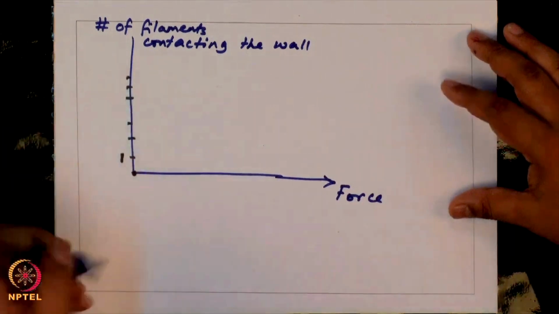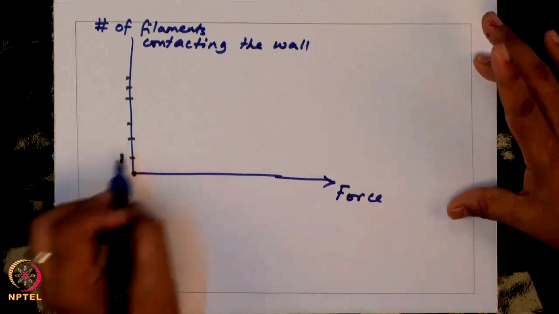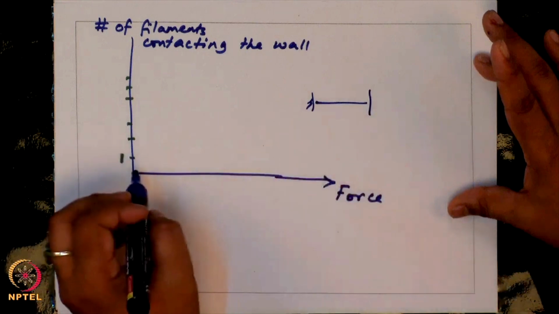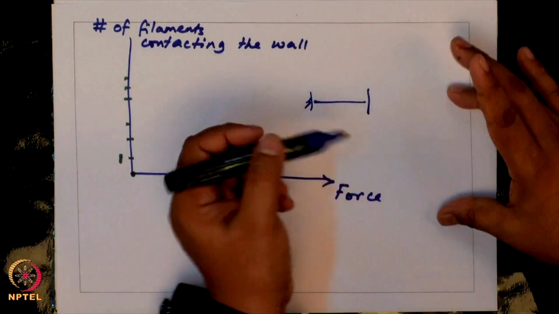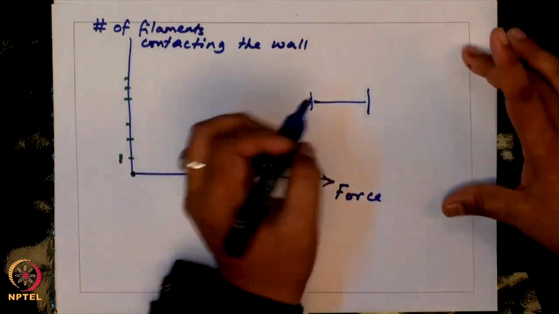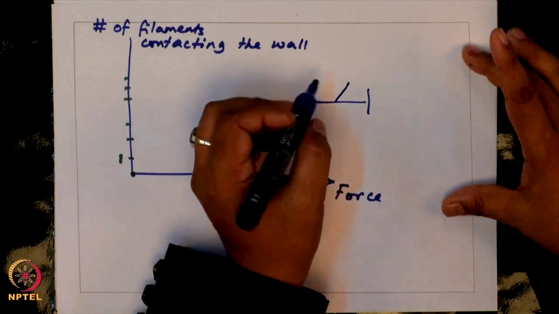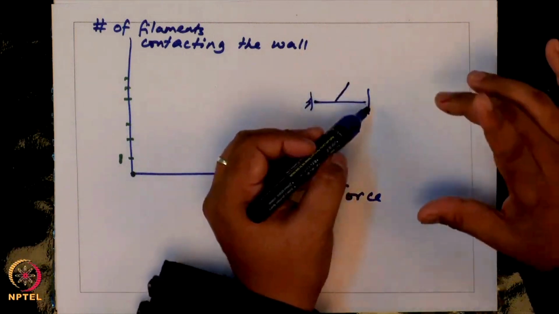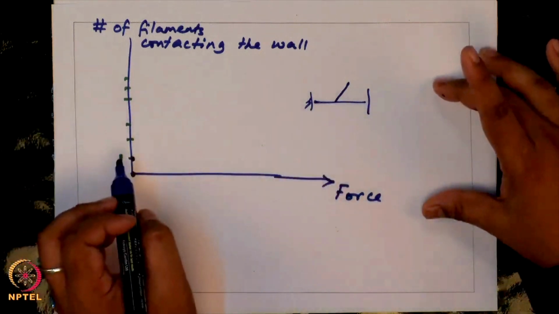If my force was 0, I am starting from one filament, and because there is a single filament which can grow against 0 force, the filament will keep on pushing the wall more and more. So, whatever be your value of branching distance under 0 force, even if you have a branch getting created, the branch will never get in touch with the wall. So, the number of contacting filaments will remain 1.